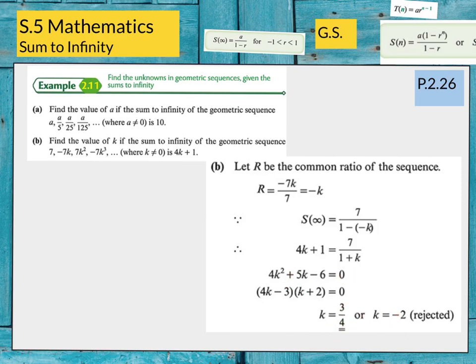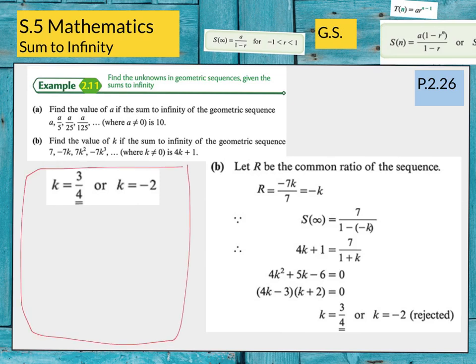So when you check when we need to reject the answer, please don't just look at this value. We need to put it back for R. As a rough work, let me put the things here. When k is 3/4, R equals negative k, negative 3/4. When k is equal to negative 2, then R equals 2.